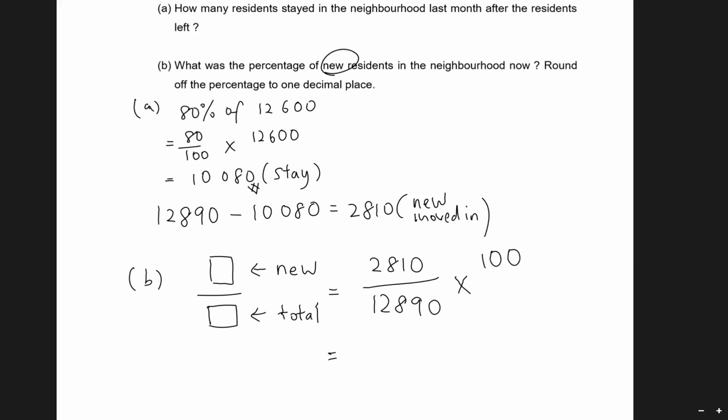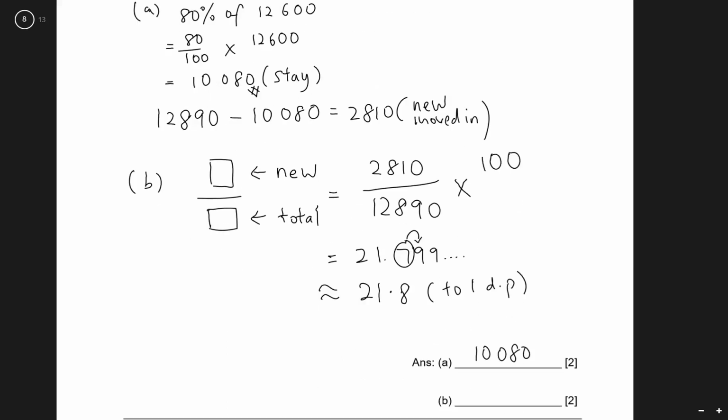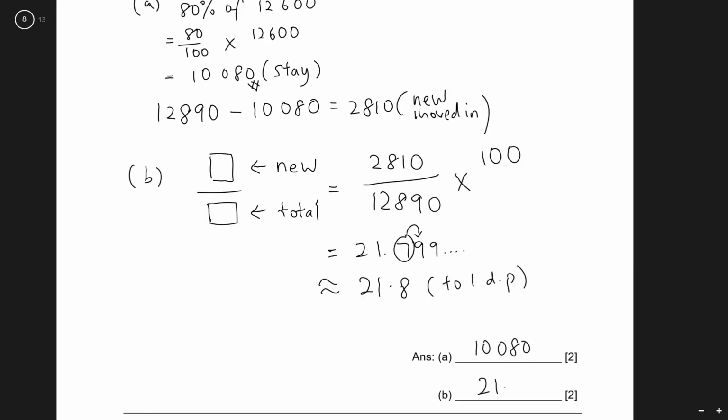You will get about 21.799 something. Then let's round it to one decimal place. Looking at the digit behind, we need to round the 7 to an 8. So the answer is 21.8%.